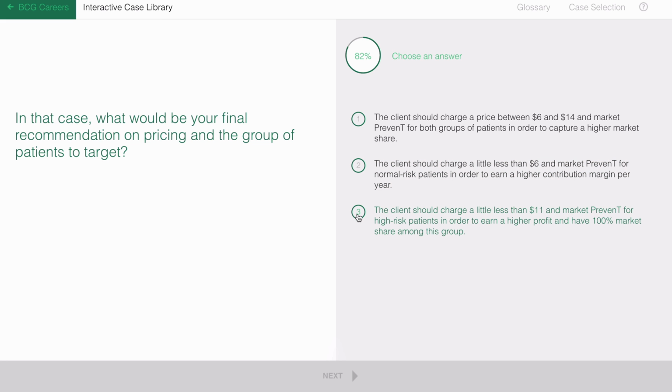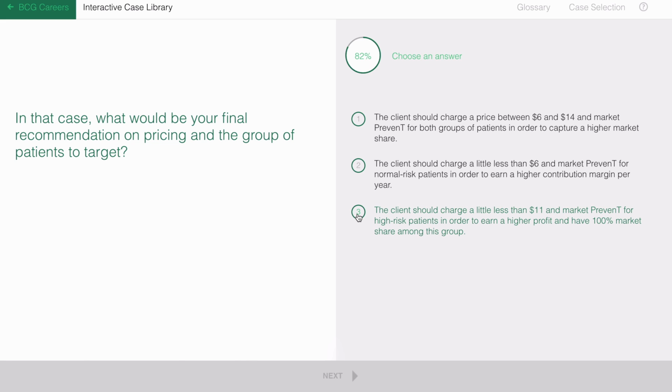The client should charge a little less than $11 and market Prevent T for high-risk patients in order to earn a higher profit and have 100% market share. I think this is exactly right. It states that we're targeting high-risk patients because high-risk patients provide a higher annual profit per year than the normal risk patients. This recommendation also states the price, that we'd price it at a little less than $11.